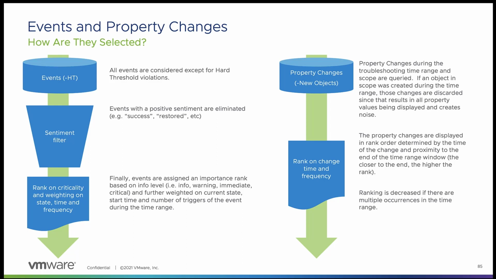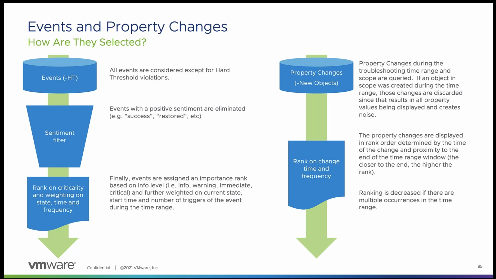If it's a success or restored, we're taking those out. Then it's going to be assigned a ranking based on info, warning, immediate, or critical levels for that particular event, and then further weighted on the current state, the start time, and the frequency that particular event might have happened.